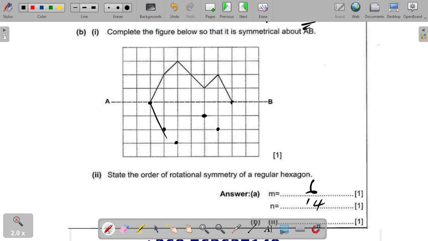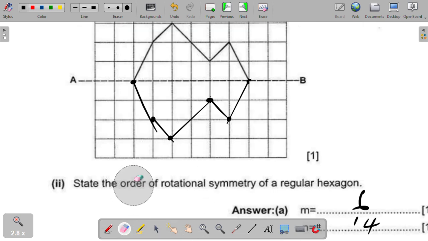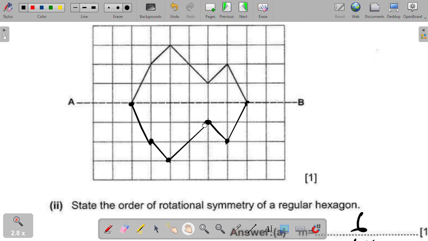Another one there, and there. Though they are not drawn to scale. Here we can zoom a bit. So it has actually reflected the same shape on the other side, as you can see.